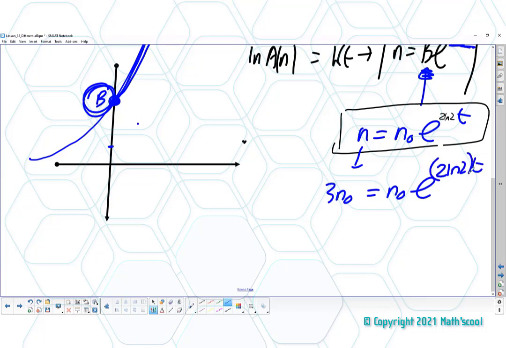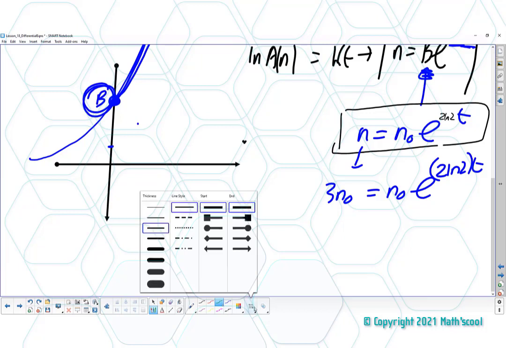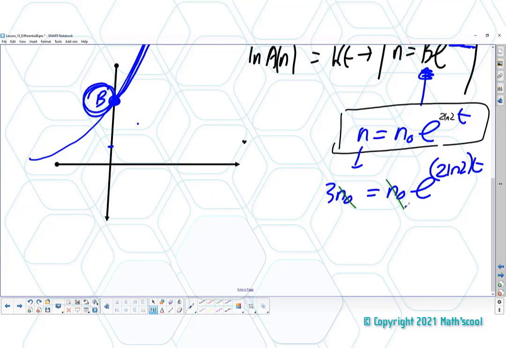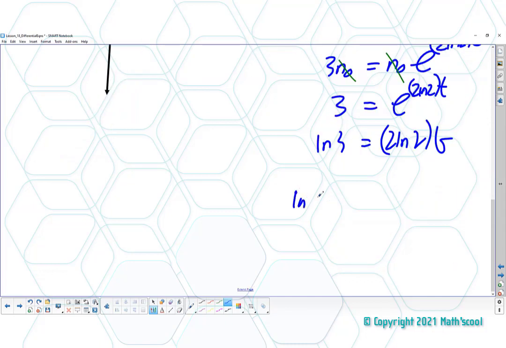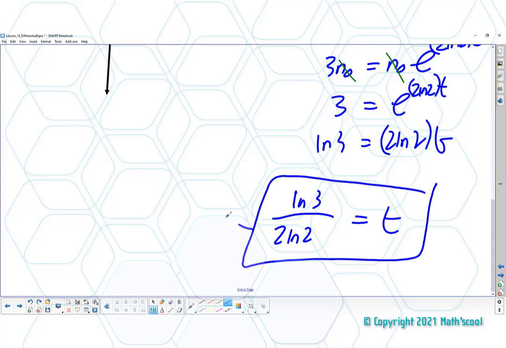And then I'm going to divide by n naught again. And so that's going to give me 3 equals e to the 2 ln 2 t. And I'm going to ln both sides. So ln 3 equals 2 ln 2 t. And then I'm going to divide by 2 ln 2. ln 3 over 2 ln 2 is t. So that's the answer for t.